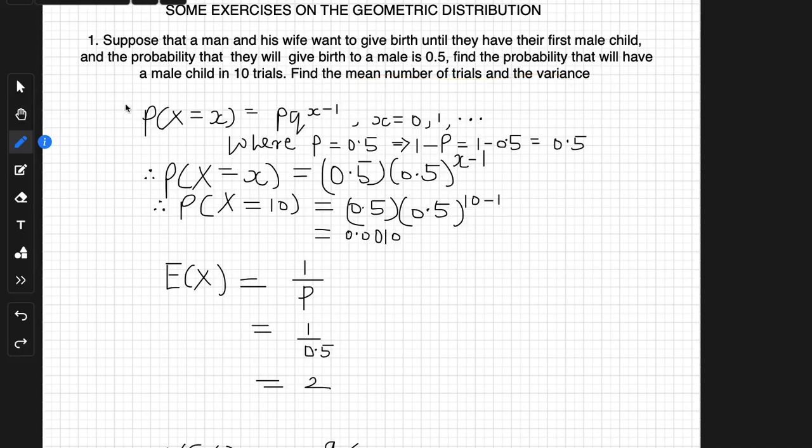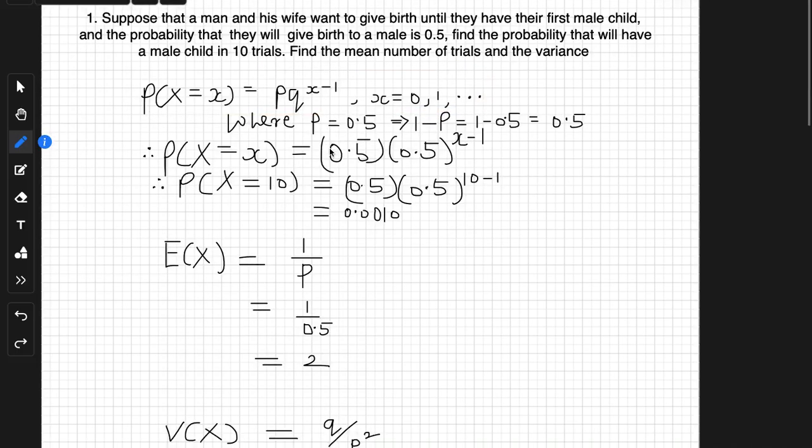Now coming back here, the probability that the number of trials will be x is what we have here. That's the probability mass function. And so now we intend to find the probability that x will be 10.